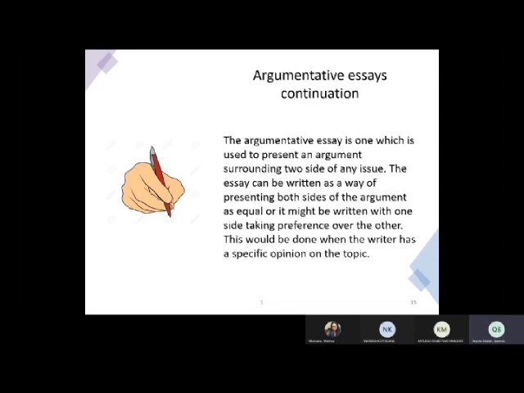Or, South African education is the best in Africa. Either you agree to that statement or you disagree. If you agree, then you will provide support for that argument. If you disagree, then same thing, you will give reasons why you disagree.